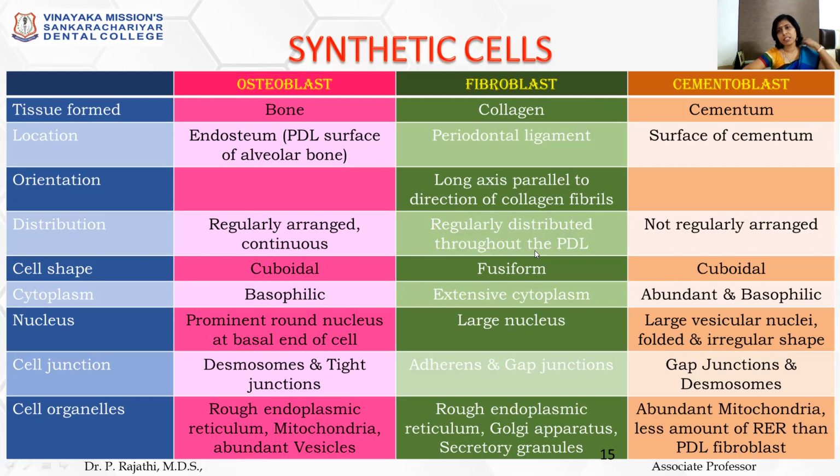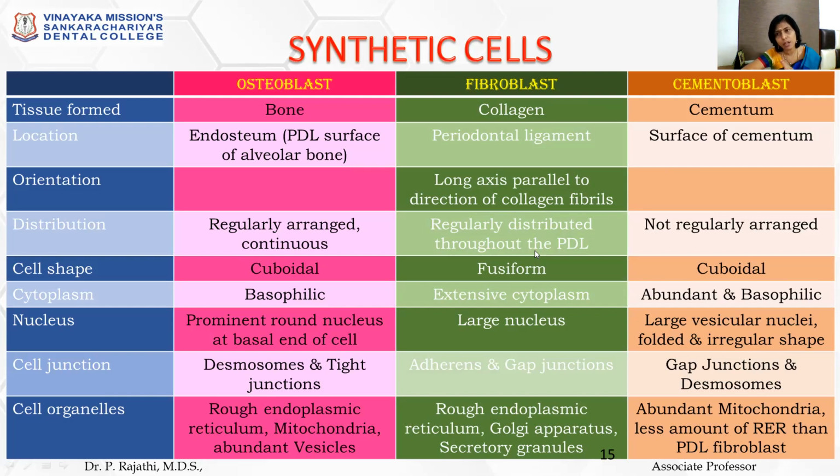Whereas in fibroblast, the cytoplasm is eosinophilic and extensive. Coming to the nucleus, osteoblast has a prominent round nucleus at the basal end of the cell, whereas cementoblast has large vesicular nuclei which are folded and irregular in shape. Fibroblast again has a large nucleus.